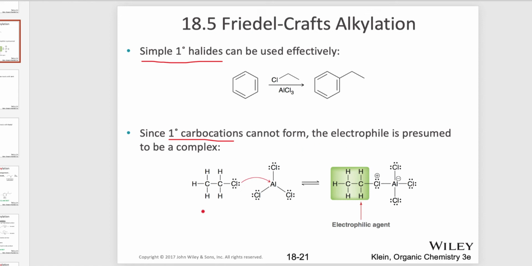So in this book, and they're being consistent with this, they're using this complex. So again, this would be a Lewis base and a Lewis acid complex. So instead of drawing just an ethyl cation, which I'm showing here as a skeletal drawing, this is now associated with having the chlorine still on there that is bonded to the aluminum.